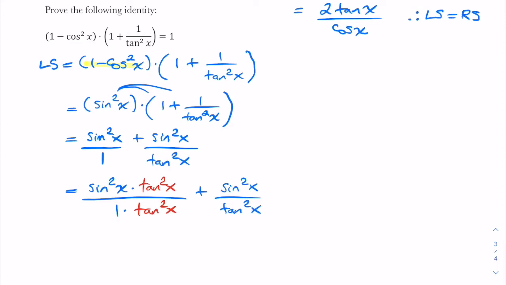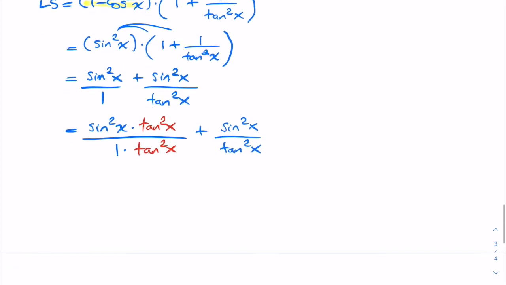Okay, so we have a common denominator. Let's go ahead and add the numerators. So this is equivalent to sine squared x multiplied by tan squared x plus sine squared x, all over the common denominator of tan squared x.